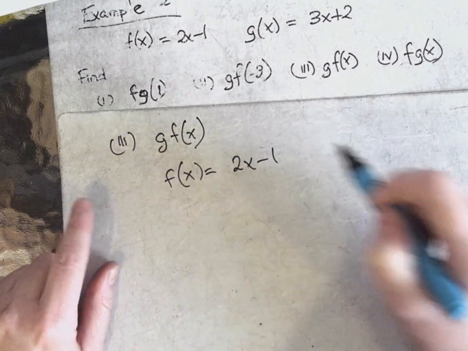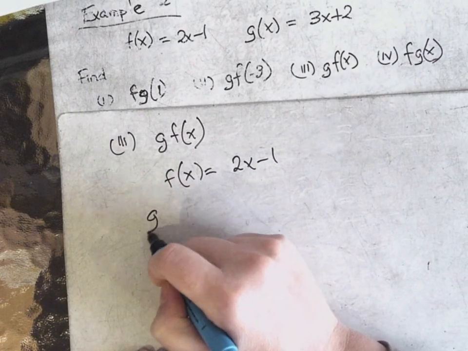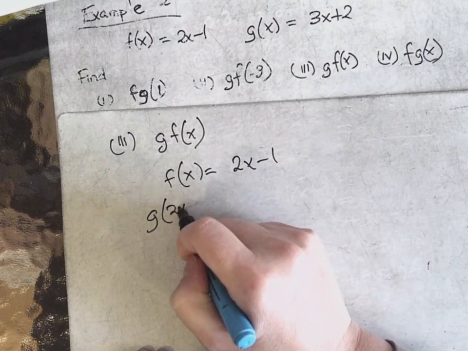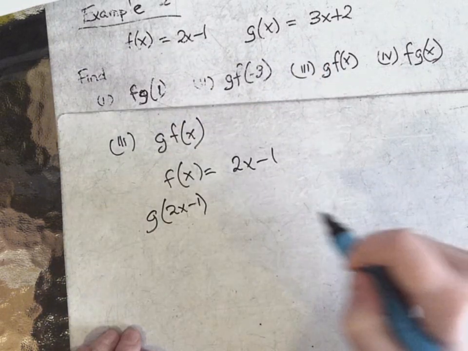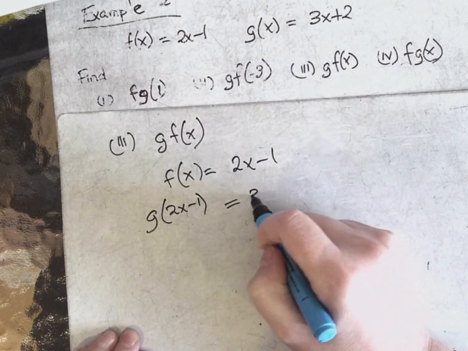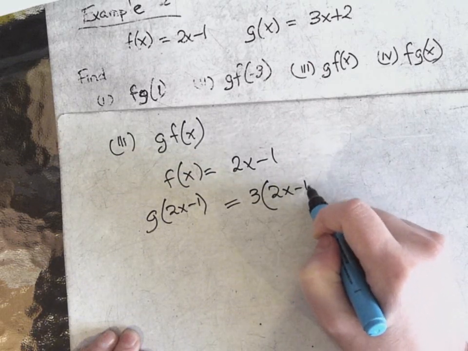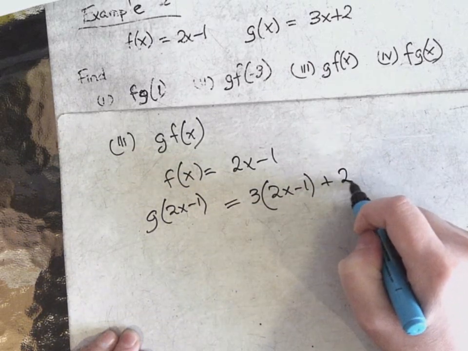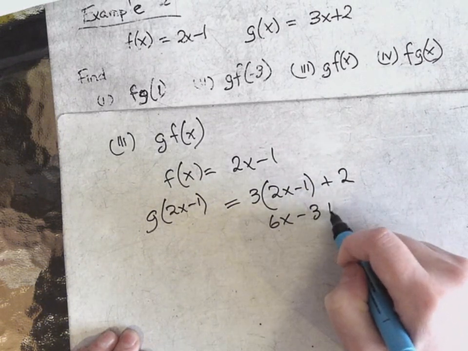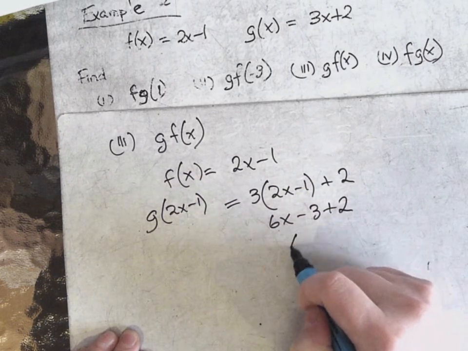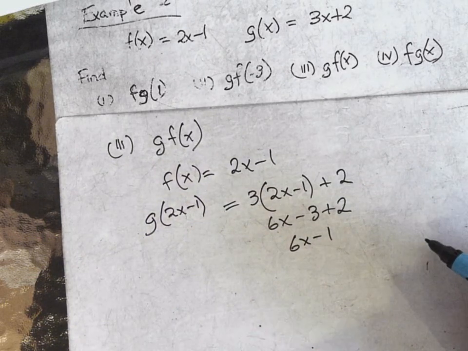Then I take the answer from the first part and put it into g. Everywhere I see an x in g, I'm putting in 2x minus 1. g reads 3x plus 2. So that's 3 times 2x minus 1, plus 2. Multiply it out, that's 6x minus 3 plus 2, and that would be 6x minus 1. Minus 3 plus 2 is minus 1.